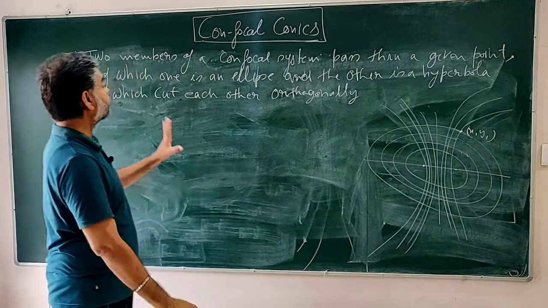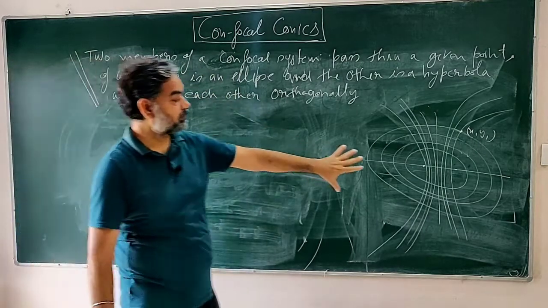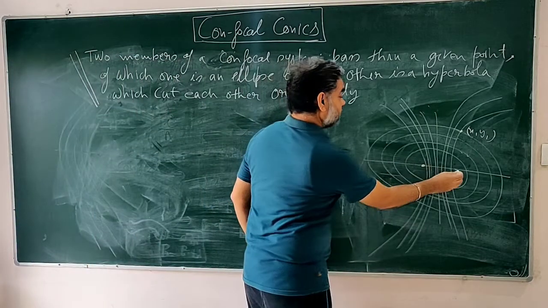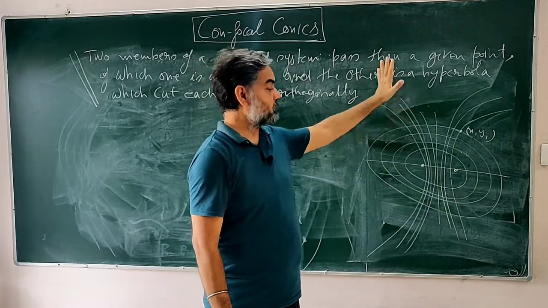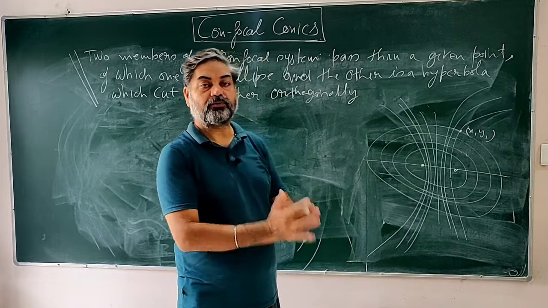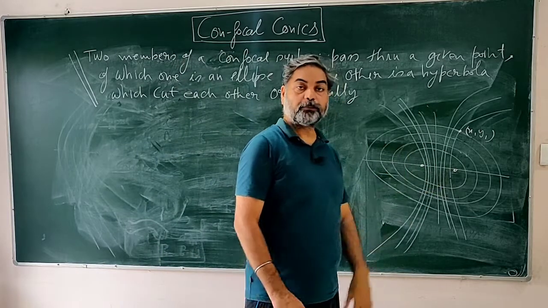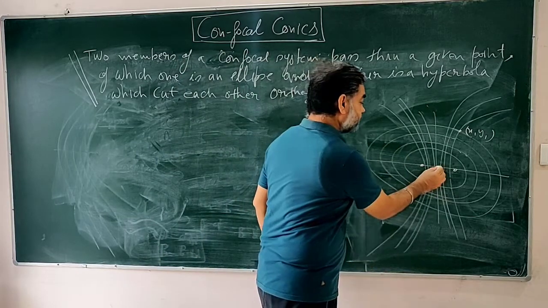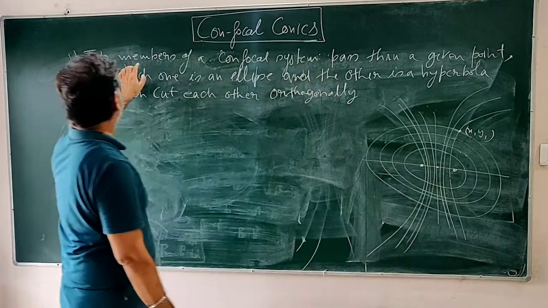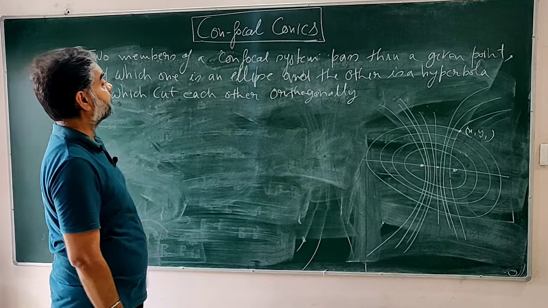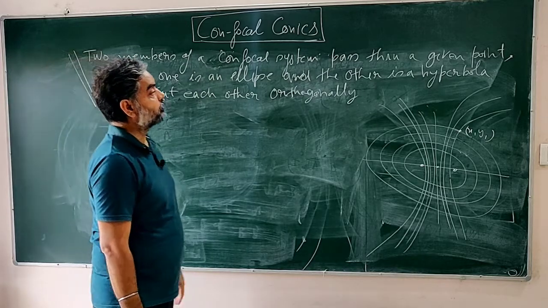For example, this is a confocal system of conics. You have many ellipses, a system of ellipses and hyperbolas. All of them have the same foci, same center and same axis. So two members of a confocal system pass through a given point.